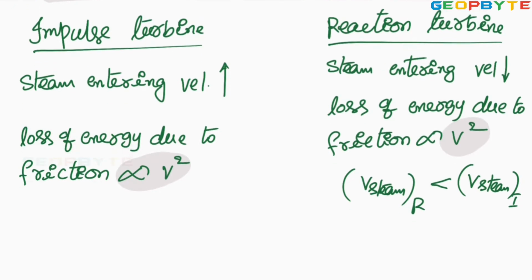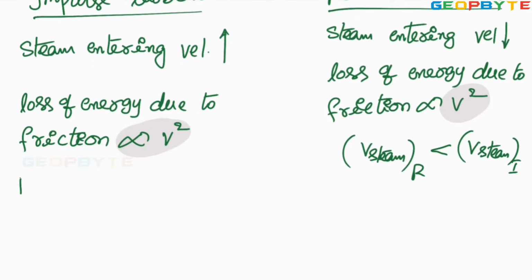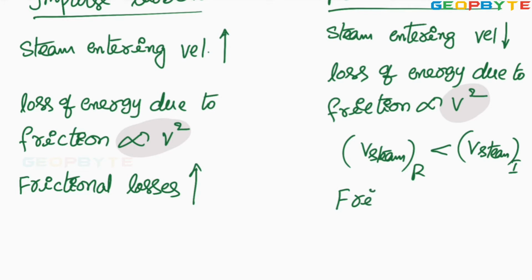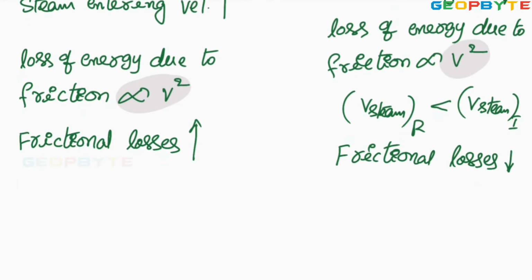Therefore, frictional losses are high in the impulse turbine, whereas frictional losses are less in the reaction turbine. Since the frictional losses are less in the reaction turbine, the reaction turbine efficiency is always better than the impulse turbine efficiency.